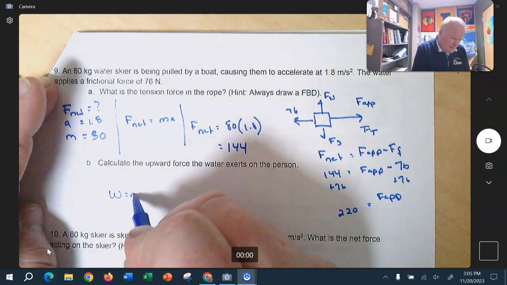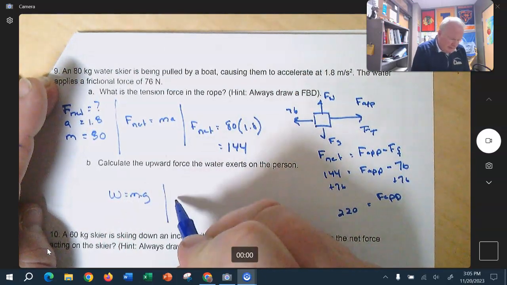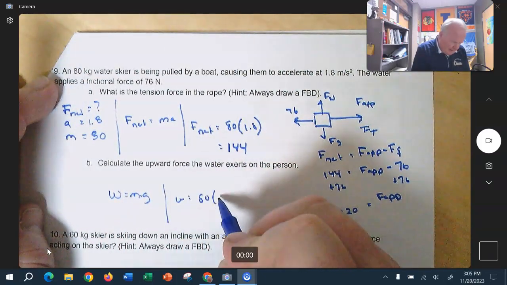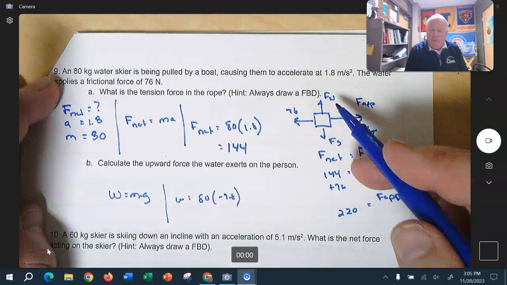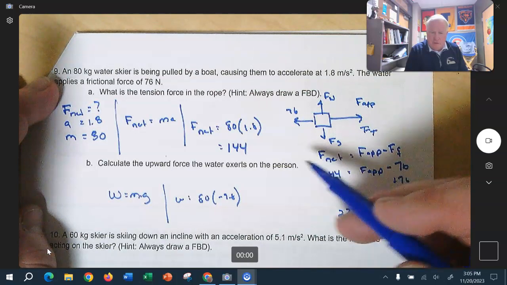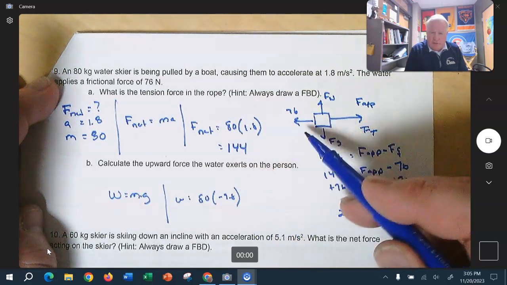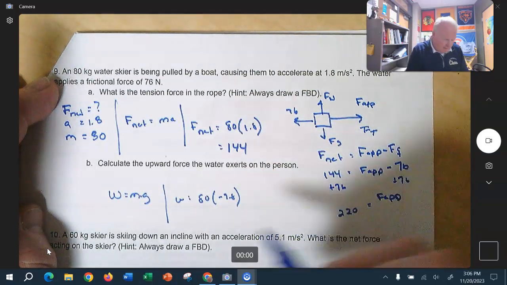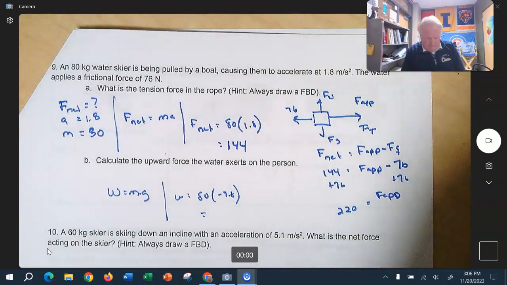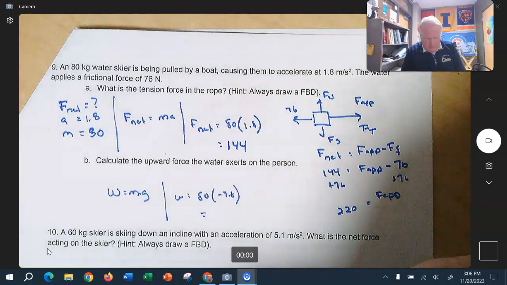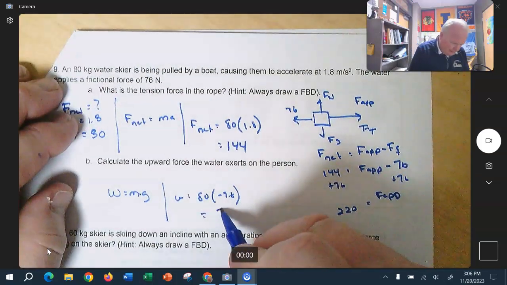Weight equals mass times gravity, or weight is equal to 80 times negative 9.8. That will get us the force of gravity. The normal force, or the force that the water exerts on a person, will be the exact same number. So 80 times negative 9.8 is 784 newtons.